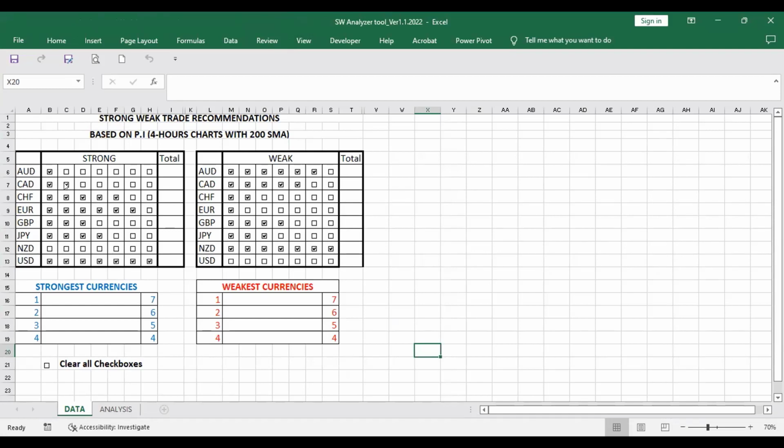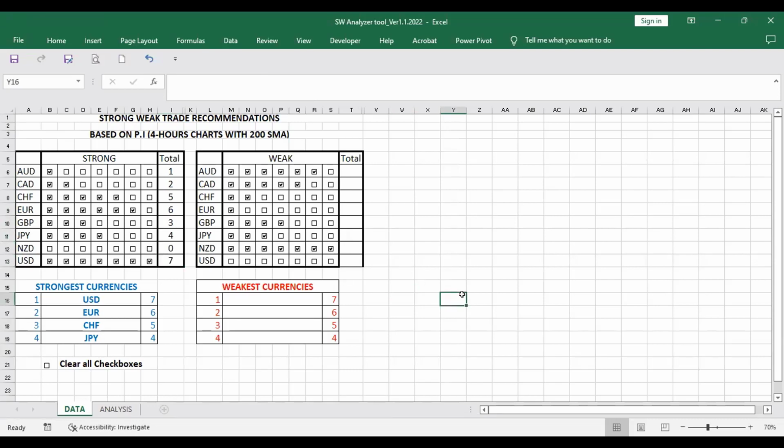So what we want to do now is to count the total up arrows. Here is 1, here is 2, here is 5, here is 6, here is 3, here is 4, here is 0, and here is 7.